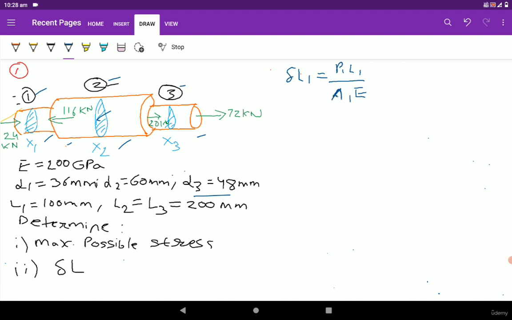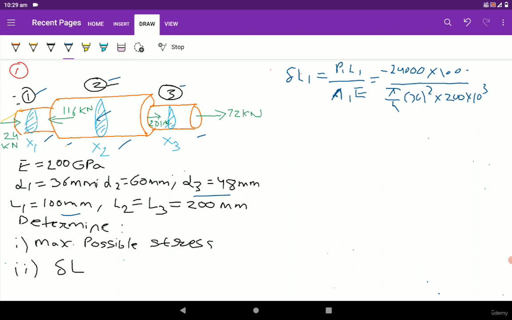Here P1, which we calculated earlier, is minus 24,000 Newton, multiplied by the length L1, which is 100 millimeter, divided by the area pi by 4 into 36 squared, multiplied by the Young's modulus, that is 200 gigapascal. We can write 200 into 10 power 3 for solving it faster.